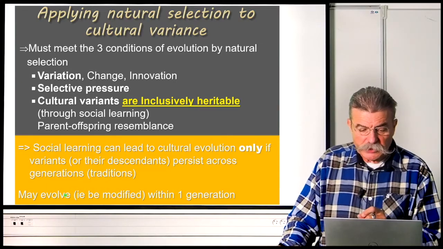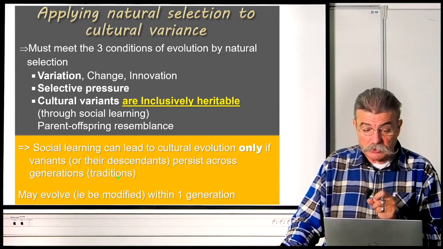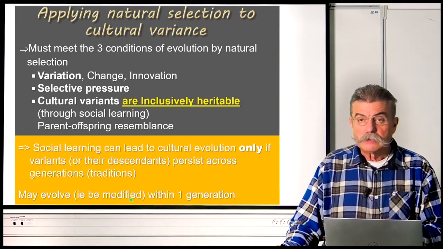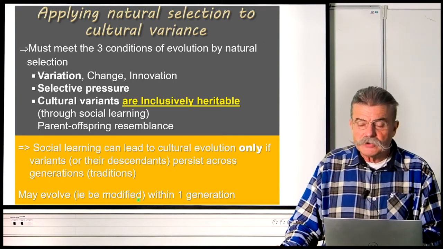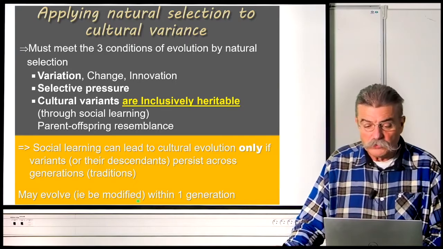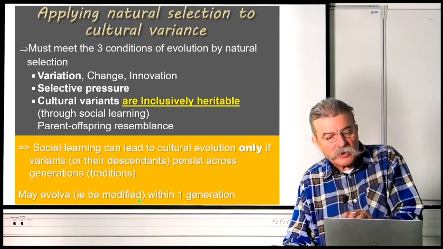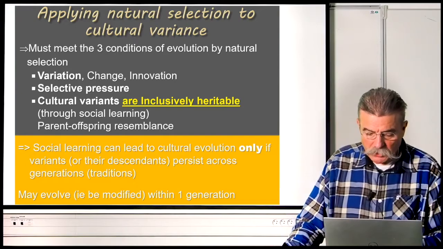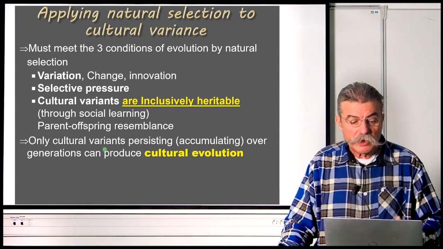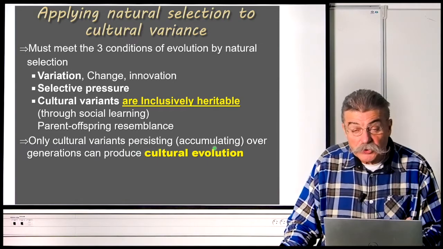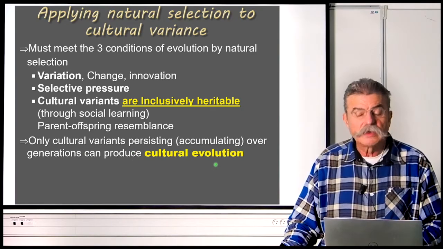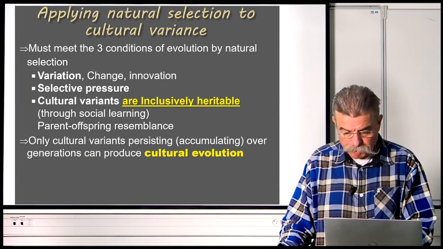The important point we discussed is that a cultural variant might also evolve within a generation, no doubt about that. But what is important is that the new one is somehow a descendant of the previous one. So it's the same cultural variant that is slightly modified step by step. This explains why classically we say that only cultural variants that persist, accumulate or change over generations can produce cultural evolution.